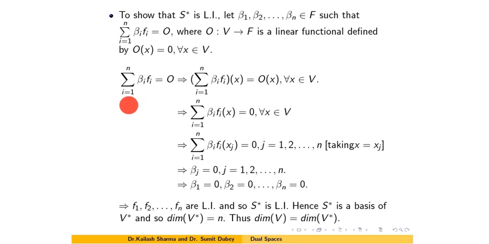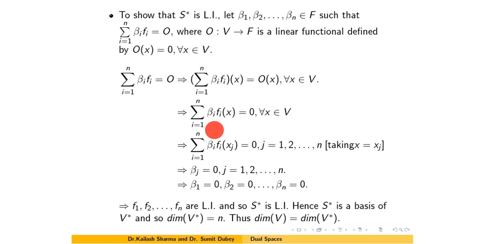Now the sum over i from 1 to n of beta i fi equals O. This implies that the sum over i from 1 to n of beta i fi at x equals O x for all x in V. Because the quantities on both sides of this equation are linear functionals, and two linear functionals are equal, therefore the image of any element x of V under these two linear functionals is also equal.